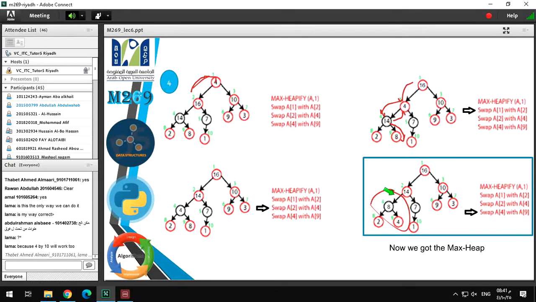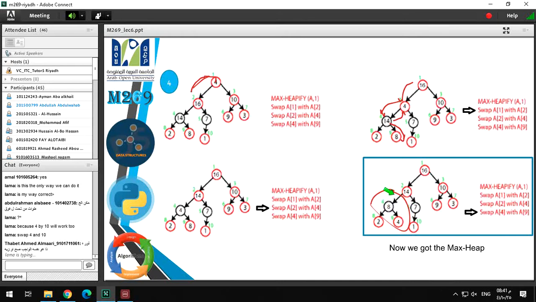4 by 10? What do you mean by 4 by 10? And swap from which point? Do I go back a slide or here? Which line? Which step? This step?